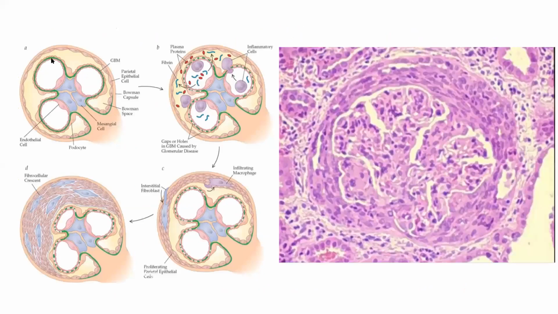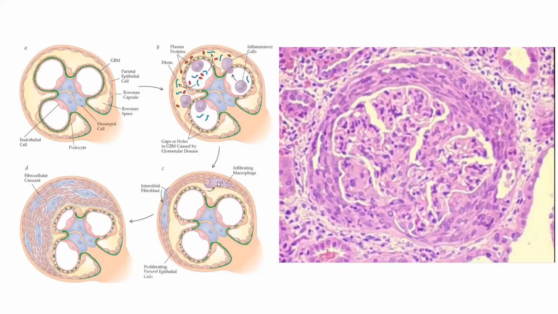So here, this is a normal glomerulus. And one of those causes that I mentioned is going to cause damage at the glomerulus, your endothelium, and there's going to be a lot of inflammatory cells that are going to come in here. And that's going to start stimulating your parietal epithelial cells here. This is your parietal, and that's going to stimulate that.